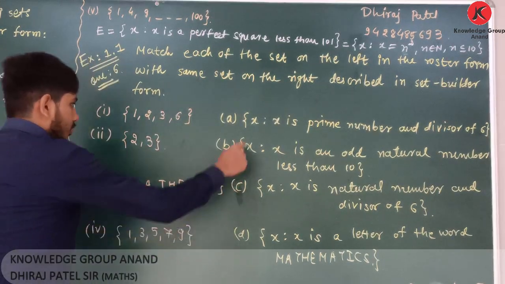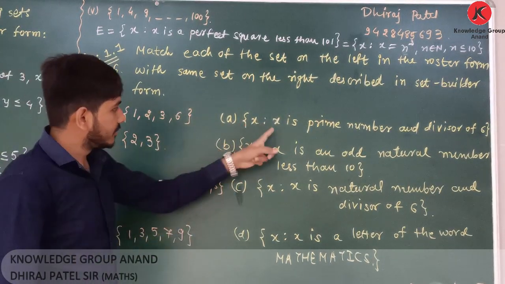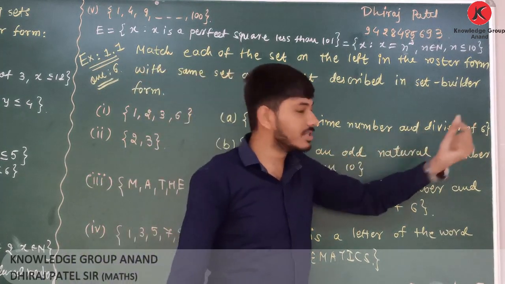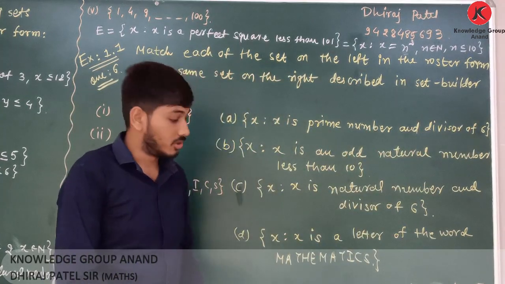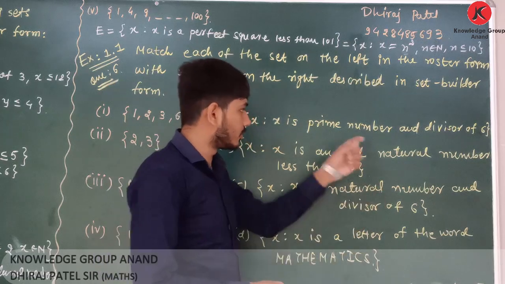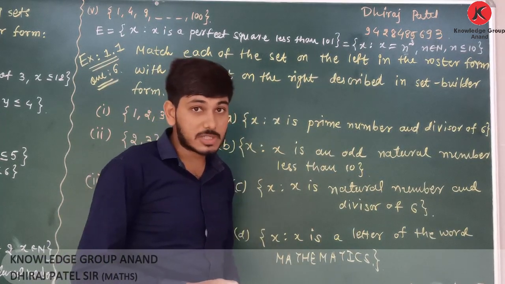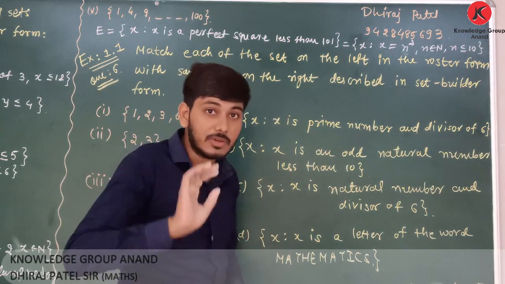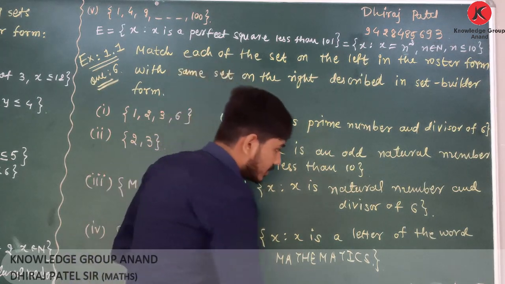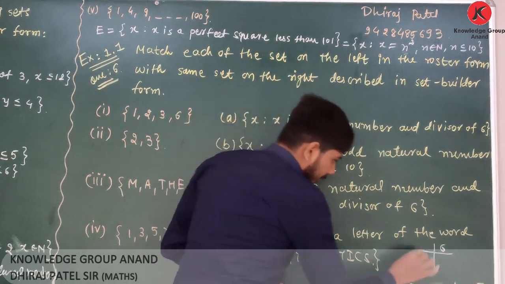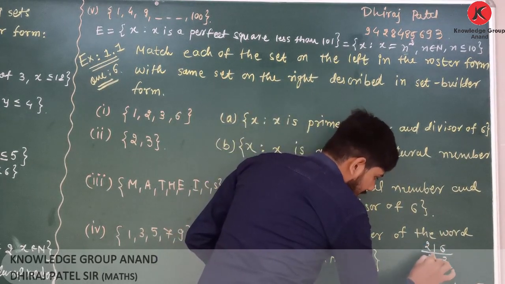Okay, now first of all, first question, x is a prime number and divisor of 6. So prime divisor of 6. First of all find the prime divisors of 6. There are many divisors of 6, but you have to find the prime divisors of 6. For finding the prime divisors of 6, you can use this method: 2, 3, 3 and 1.